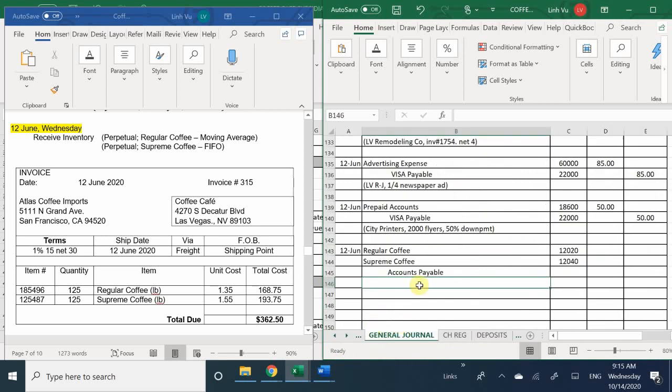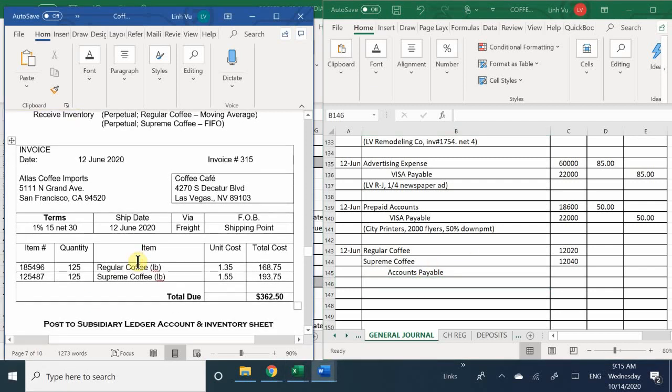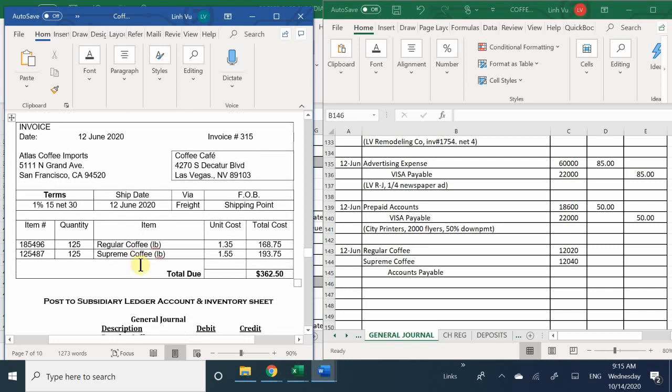Now we are here. What was our original invoice? How much are we actually going to be charging each account since they're separate, right? We need to make sure that we have a section for regular coffee and a section for supreme coffee.